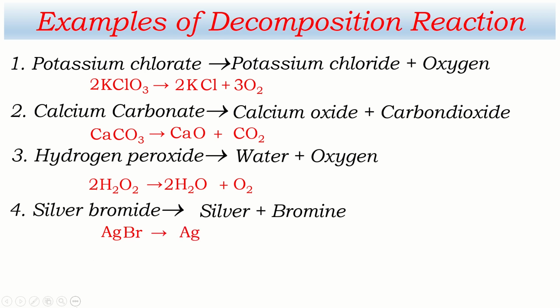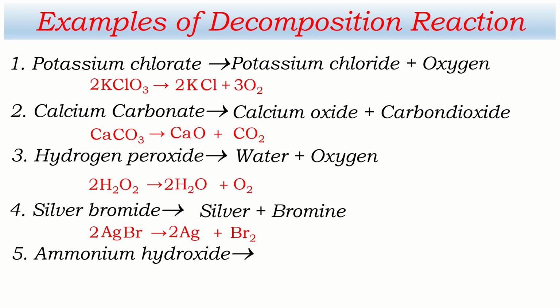Silver is not diatomic. This is a solid metal, and bromine is diatomic. That's why we have to write Br2. We have bromine here 2, here only 1. That's why if we take 2 here, then bromine is balanced. Now silver here 1, and here it is 2. That's why if we take 2 in front of this Ag, then this is now the balanced chemical equation.